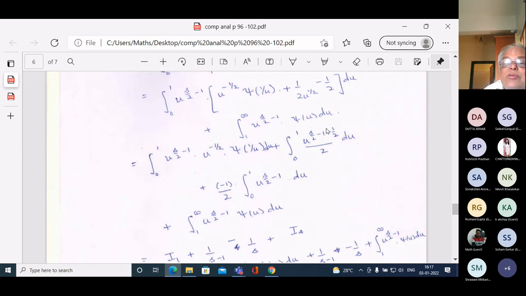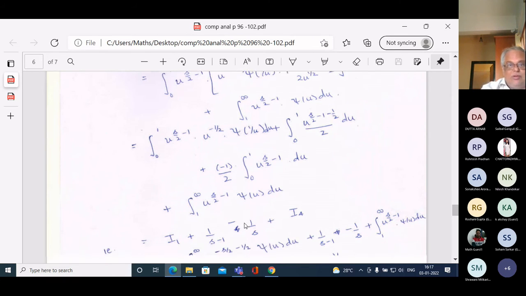These two integrals, the middle two integrals, I can evaluate easily. The first integral is 1 over s minus 1, and the second integral is 1 over s. Because I can evaluate those integrals explicitly.